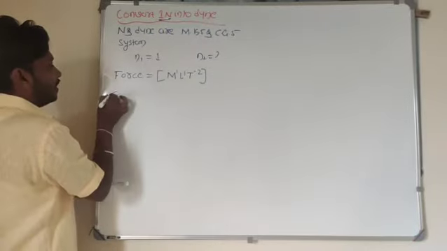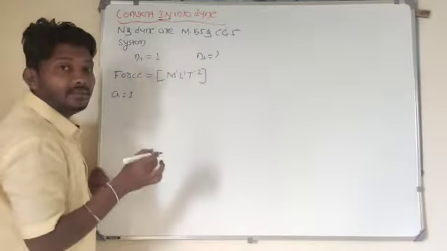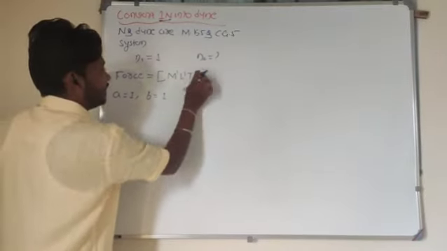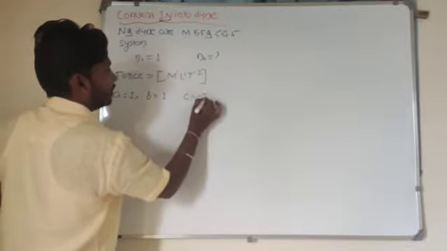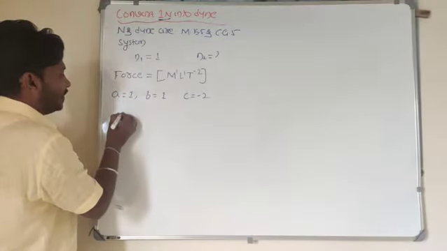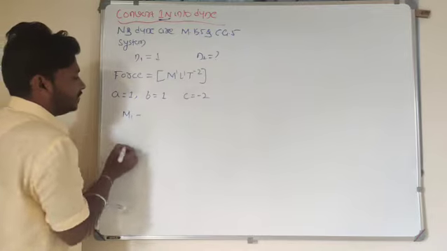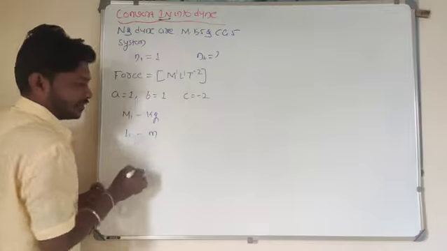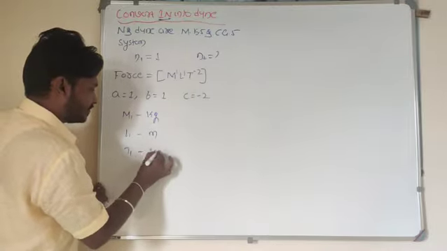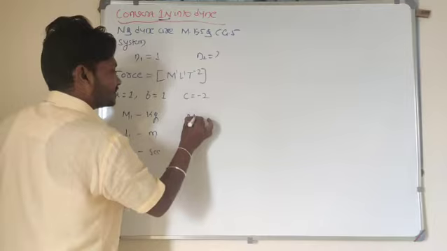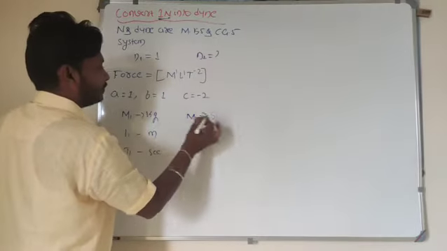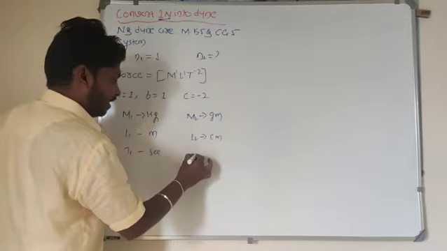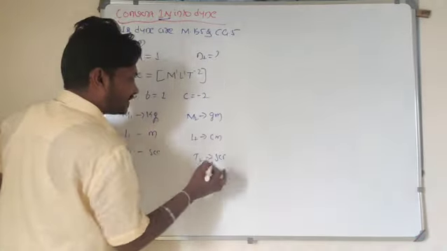So now I will get the values of a, b and c: a is equal to 1, b is also equal to 1 and c is equal to minus 2. Now in the MKS system, mass is in kg, length in meter and time in second. Whereas in the CGS system, mass is in gram, length in centimeter and time in second.